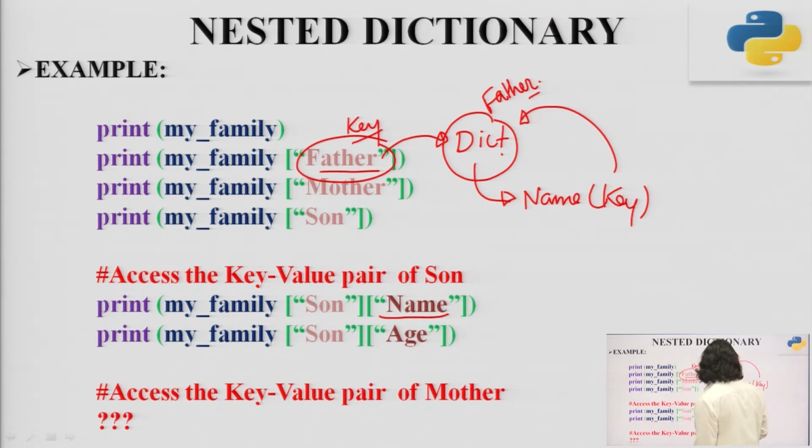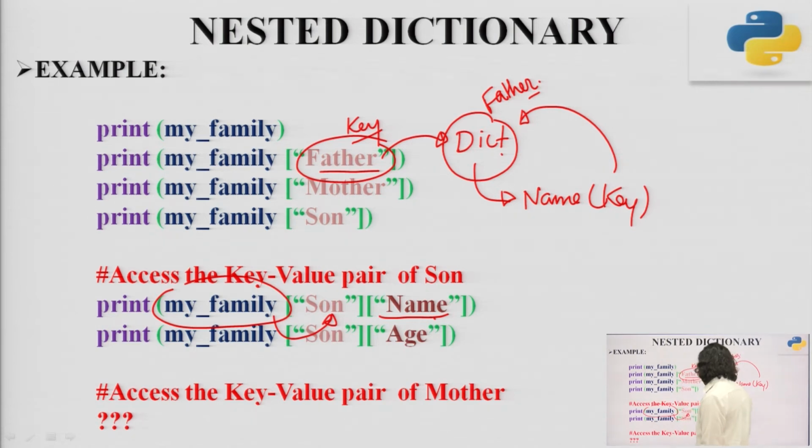So, what we are referring to is, you can see here, if we are going to access the son element as name, what is the process? This is the variable name followed by the information of the element of my family, that is son.